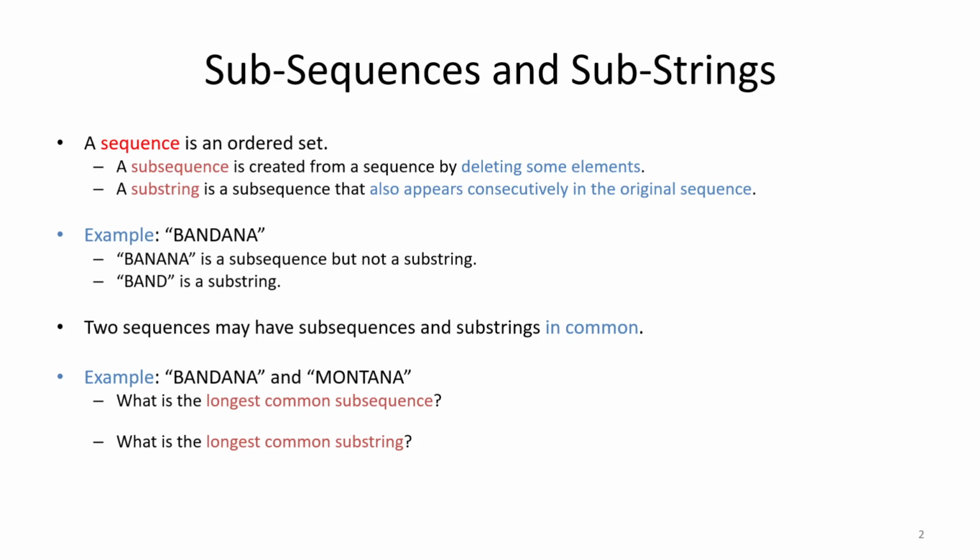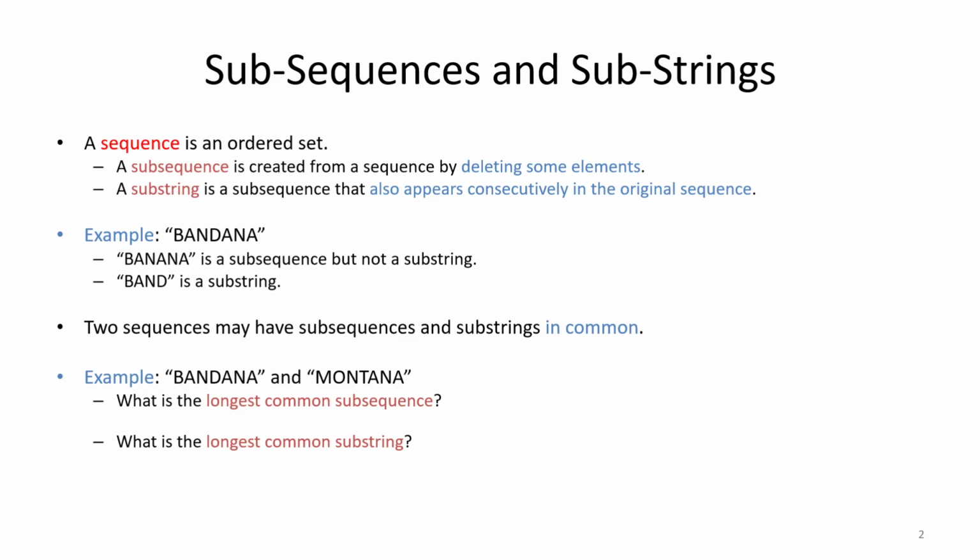Now the problem that we have at hand today has to do with two different sequences. In my example, I may be given two sequences, bandana and Montana. And the question at hand is, can we find the longest common subsequence? If we have two sequences, they might have common subsequences or substrings, and in this case, we want to know what the longest common subsequence is.